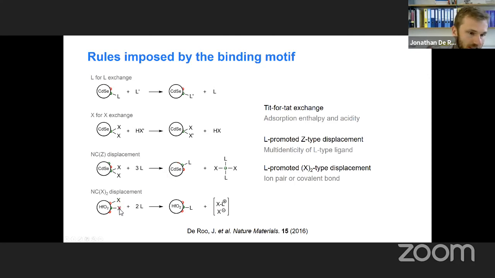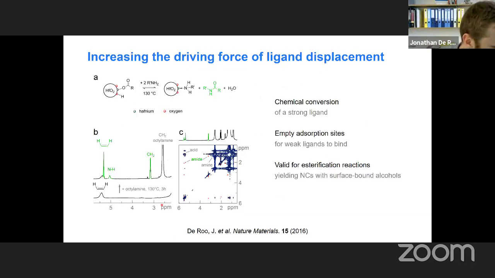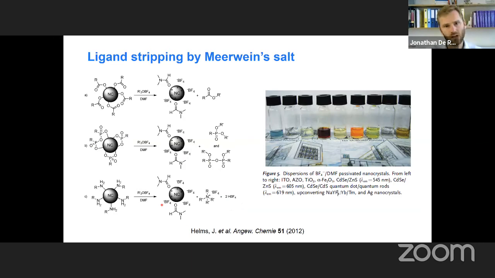Or also this combination of charged acid and charged base, or two X-type ligands, you can also displace with two L-type ligands. I had an example here from my own research, but I think I'm going to skip that in the interest of time.